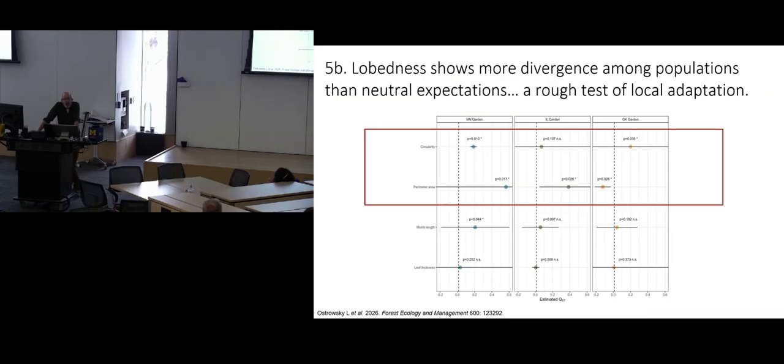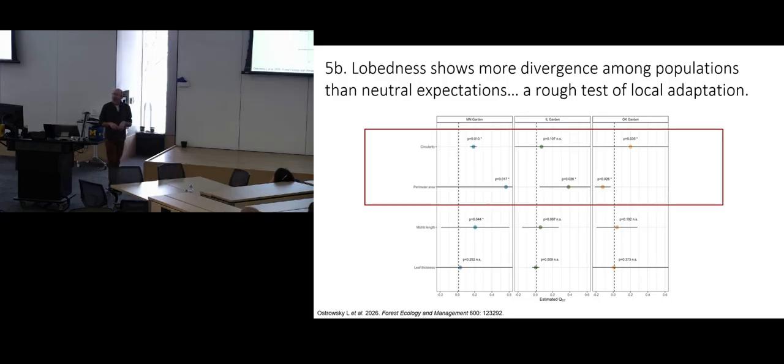Lobedness also shows more divergence among populations than we expect based on genotyping neutral markers. This is a test for natural selection. If you look at the variation in lobedness and the difference between populations, and compare that with the variation in a bunch of neutral genetic markers, in this case those SNPs scattered across the genome, the differences in lobedness between populations exceed the differences in those neutral markers.